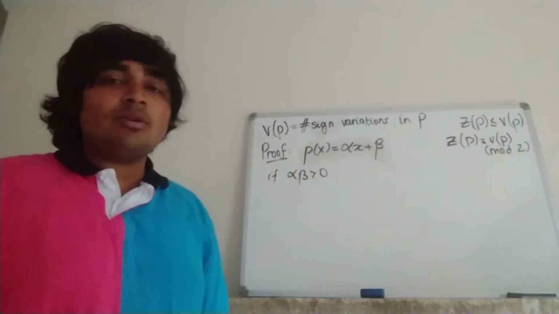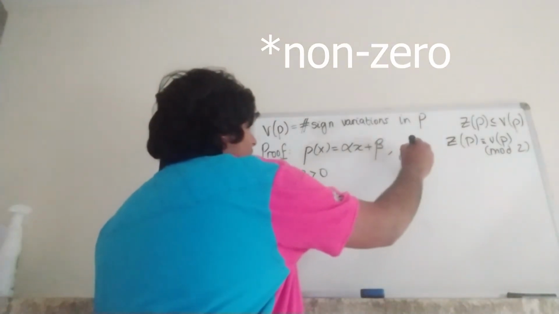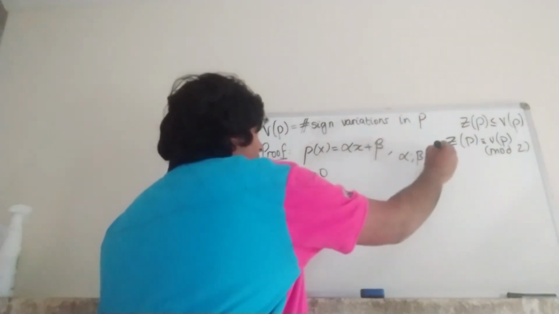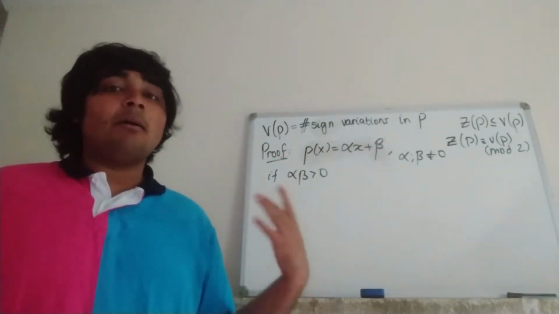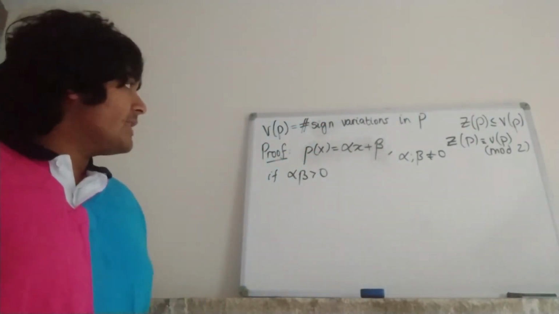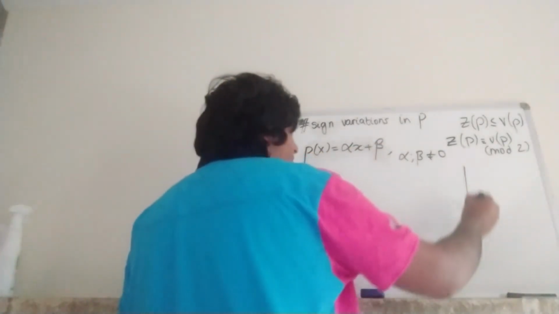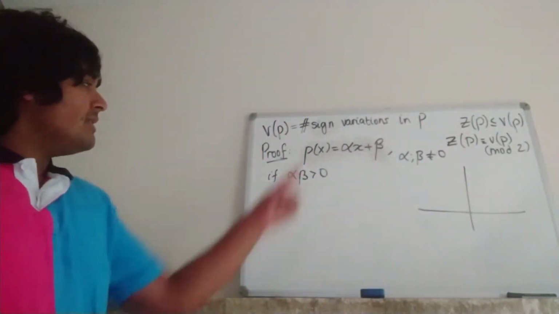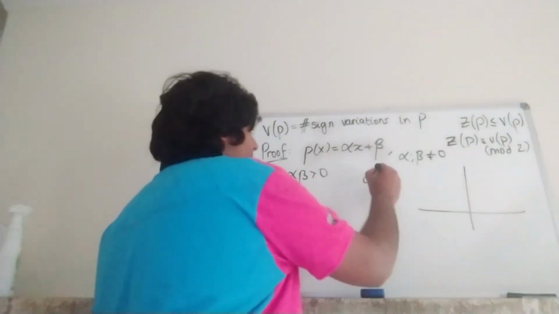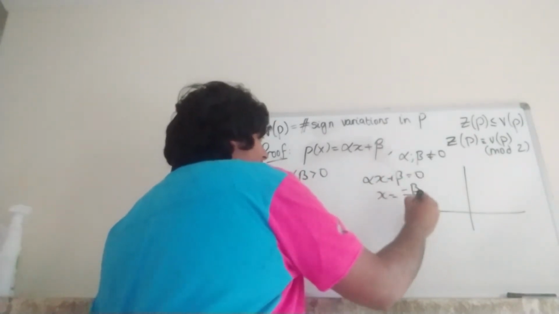So we can assume without loss of generality that alpha and beta are both non-zero. Okay, so for case 1, if alpha and beta are positive, what is the number of roots? What's Z of P? Well, if we sketch a graph and set this equal to 0, we get that X is just equal to minus beta over alpha.